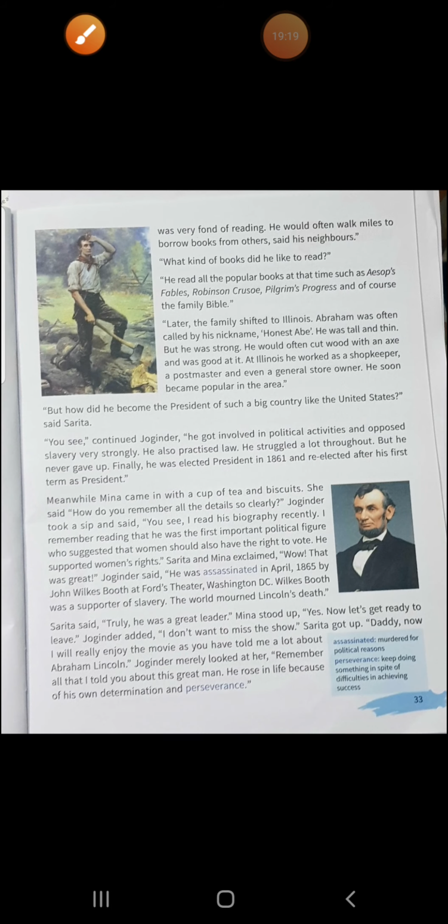In this last paragraph, as Sarita came to know everything about Abraham Lincoln, she became more curious to watch this movie. And Meena, she has seen the time, and she said, "Now let's get ready and leave." And Joginder also said, "Yes, we should leave early because we don't want to miss the show."